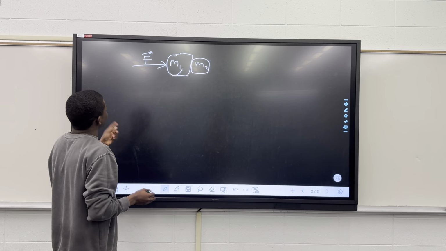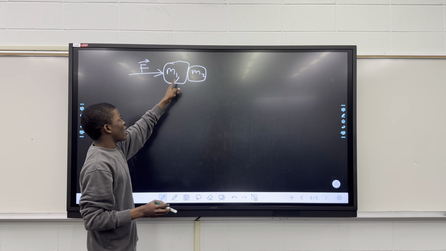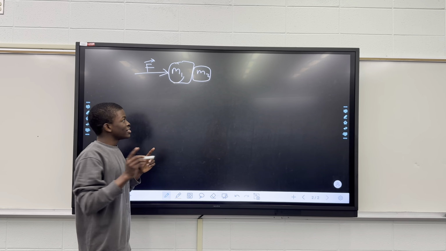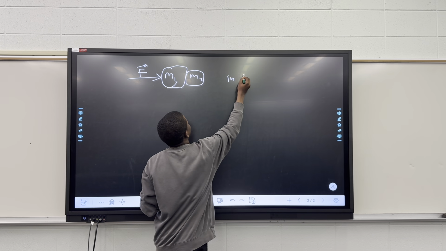If the force is acting on M1 and M1 is pushing M2, please note that M1 and M2 are in contact.